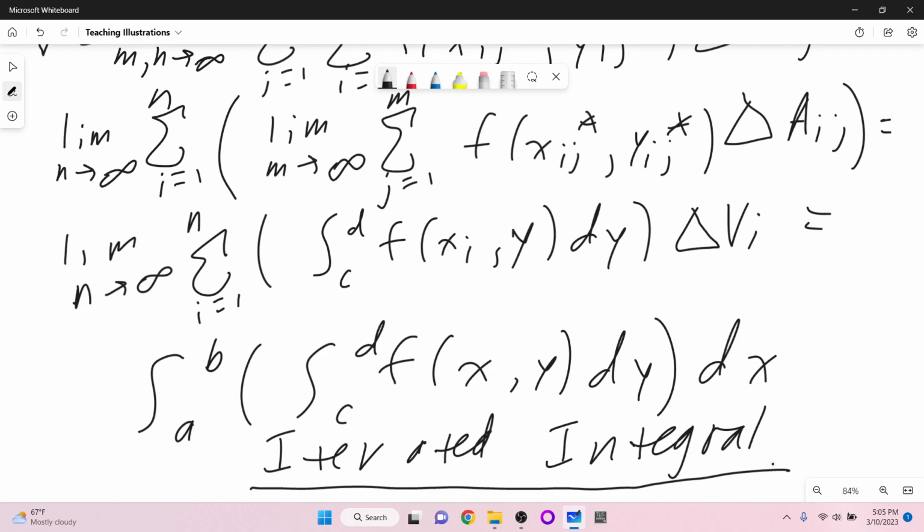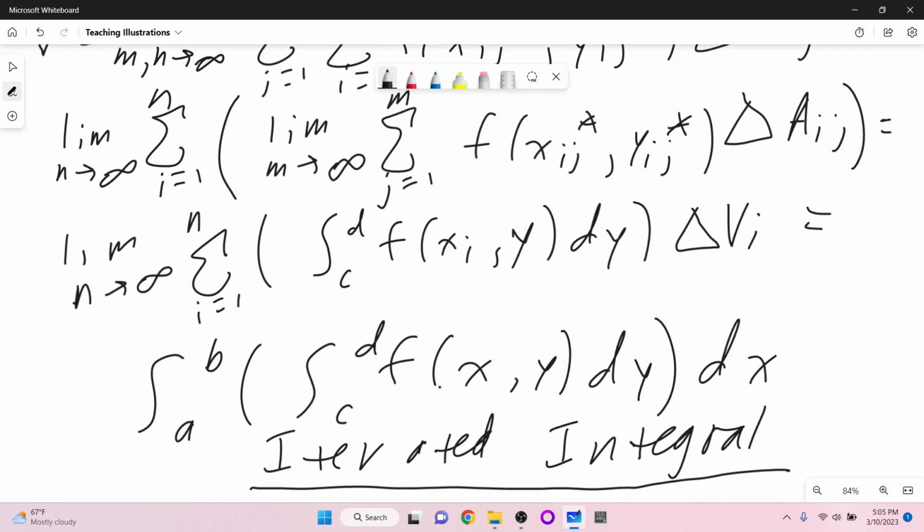So all that theory was to tell us that we can do the first integral. We hold x fixed. We treat it as a constant, and do the integral with y as the variable. Get rid of y because it's a definite integral. Then we don't have y's left. We just got rid of them, replaced them with c and d. Then we do the integral for x.